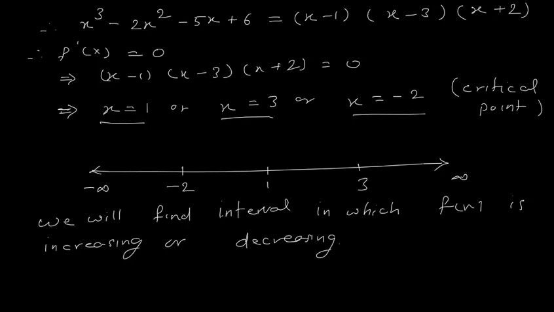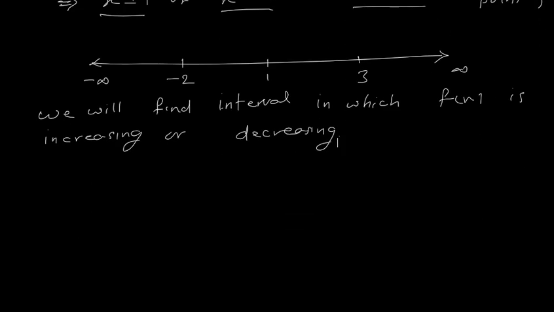Now, based on a simple chart you can analyze. In your table you have one column for the interval, and one column for f dash x. Your f dash x is (x minus 1)(x minus 3)(x plus 2).